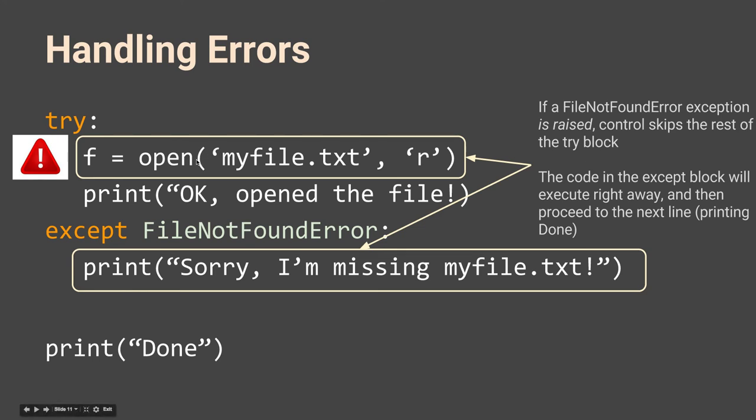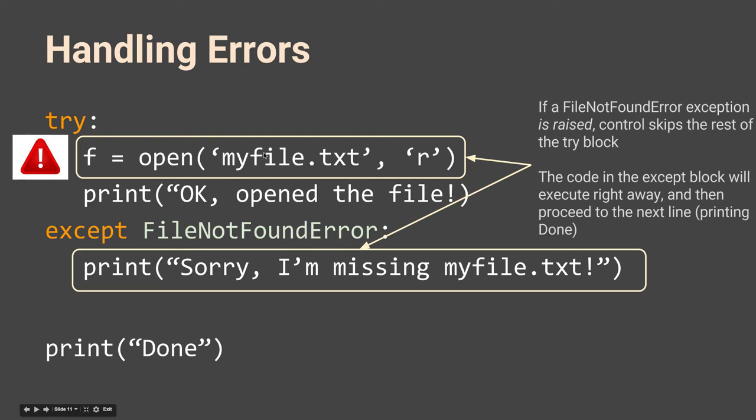If the open method failed, if it raises a file not found error because myfile.txt is not there, or maybe you don't have the privileges to open the file, what's important to note is that the execution inside the try block halts. It stops. The print okay, opened the file will not execute.